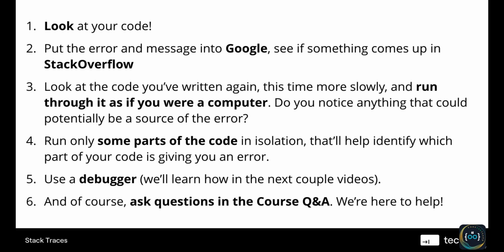Now, if you ask a question in the course Q&A, which again you should do if you're stuck, make sure that you give us all the information that you've already gathered through your search for fixing this error. That way, we don't have to start at the top and do the same thing again. So if you tell us, I've looked at my code and I can't spot anything, then I've gone into Google and found that this error means that, and here's my code, by the way, and here's the data that I'm giving it, now we can really quickly see, okay, you've given it this data, that all looks correct, this error means that.